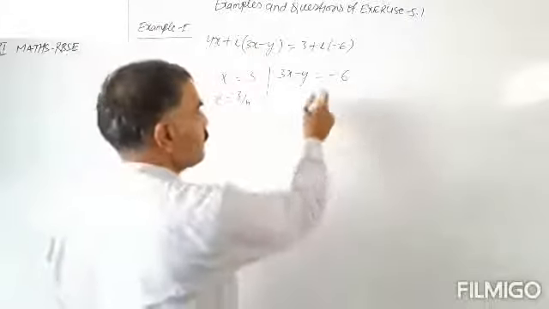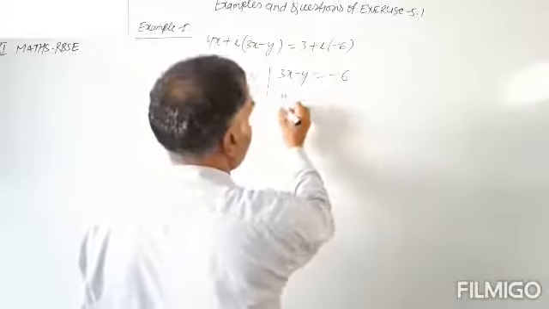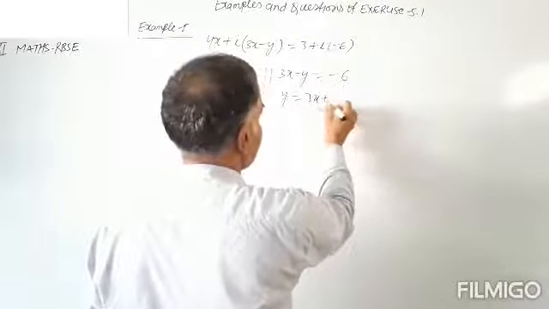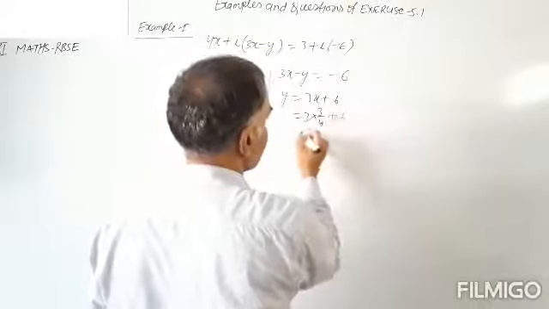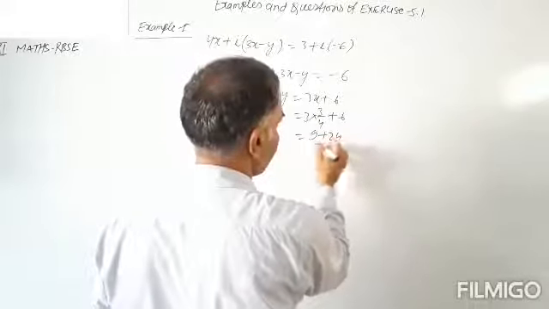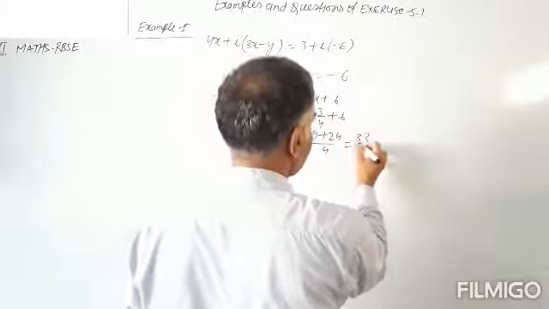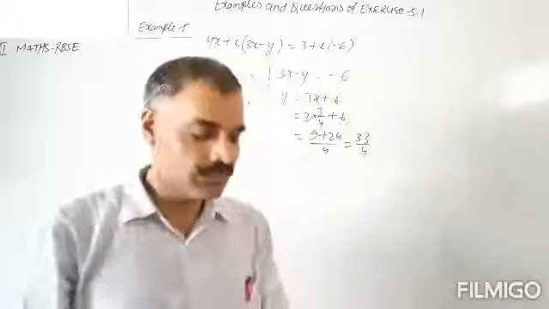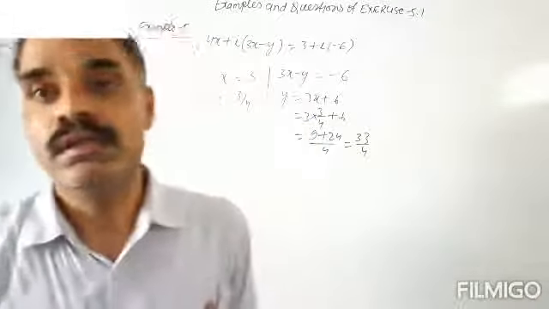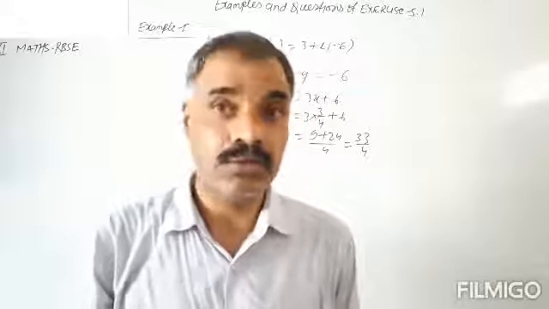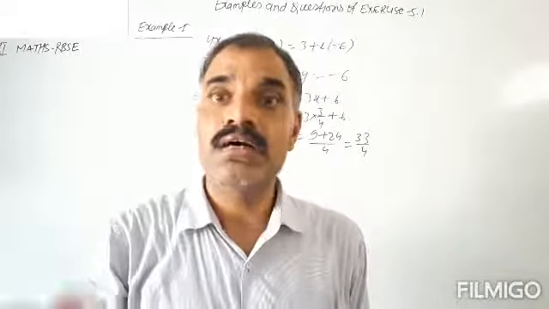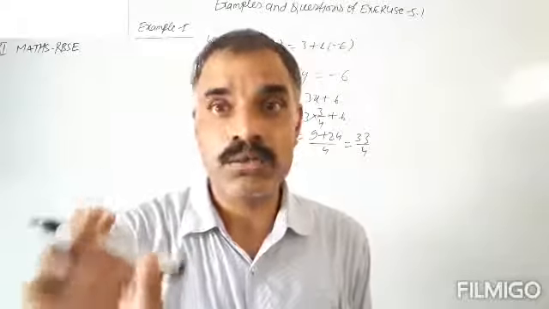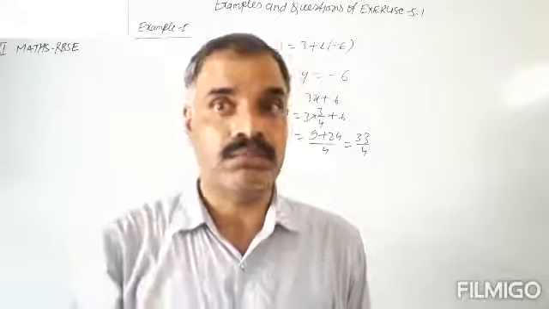So 3x minus y equals minus 6, and y equals 3x plus 6, that is 3 into 3 by 4 plus 6. So 9 plus 24 by 4, that is 33 by 4. So y is equal to 33 by 4. In this way we can find the values of x and y. The main thing here is the equality of the two complex numbers.